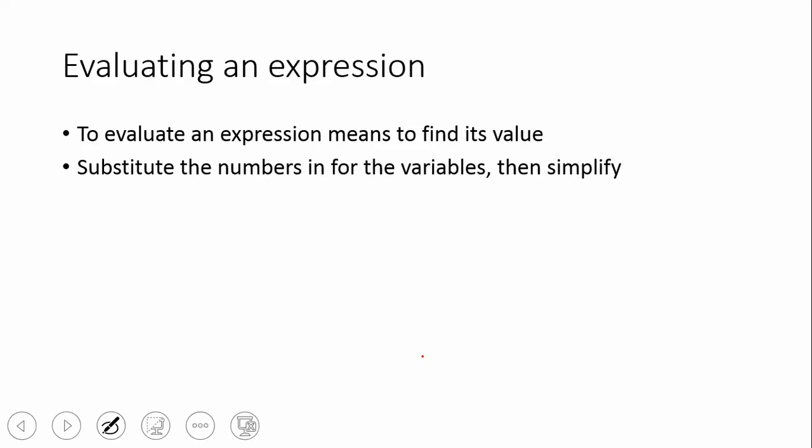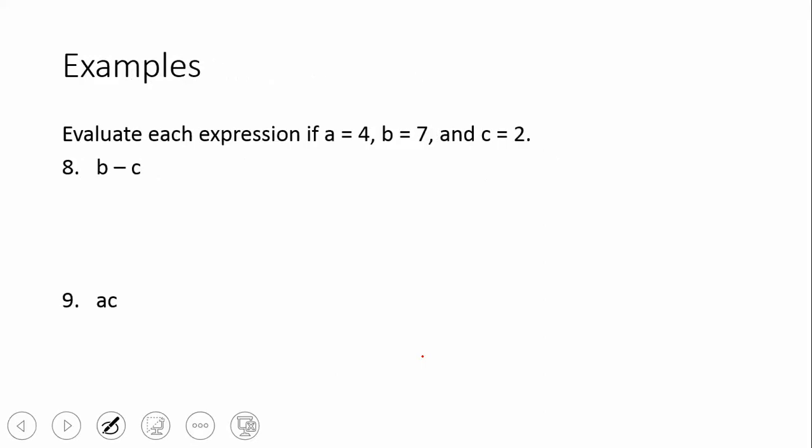When you evaluate an expression, it means that you are finding its value. So we will be substituting in numbers for the variables and then simplifying. So 2 more examples. Evaluate each expression if A equals 4, B equals 7, and C equals 2. So number 8, we have B minus C. Well, we're going to substitute in the numbers.